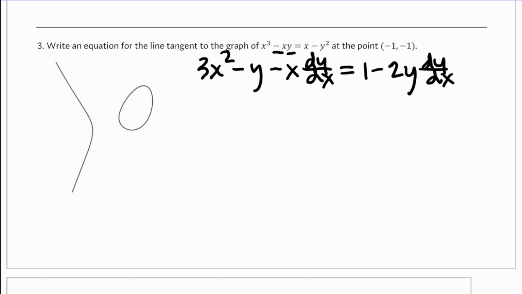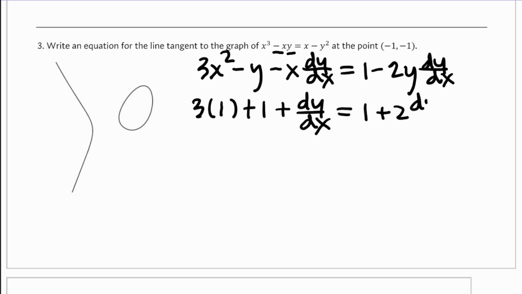And then at this point I can just plug in x equals negative 1 and y equals negative 1 to find dy dx. I don't need to solve for dy dx explicitly. That's just risking an algebra error. So I'm going to go over here, and 3 times x squared would be 3 times 1. Minus y would be plus 1. Minus x, so that's plus 1 dy dx equals 1 plus 2 dy dx.